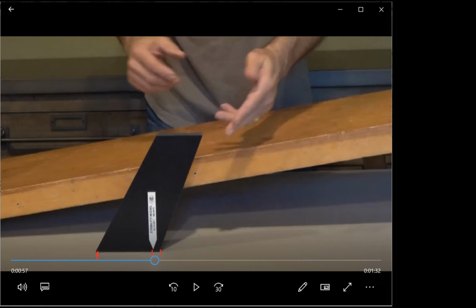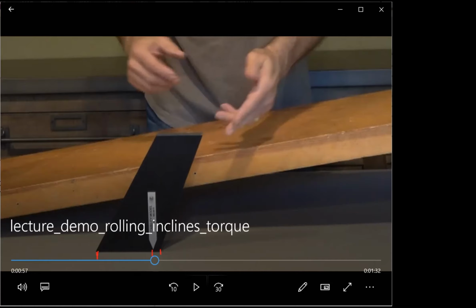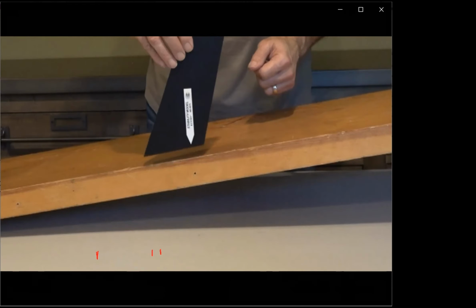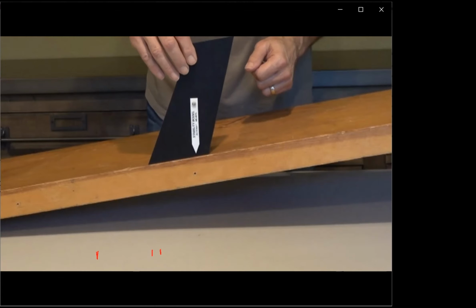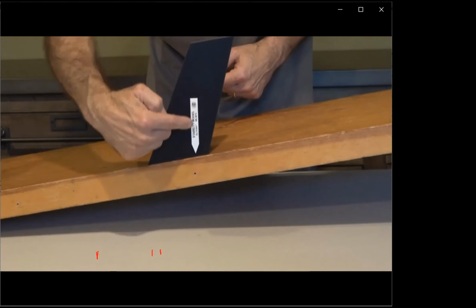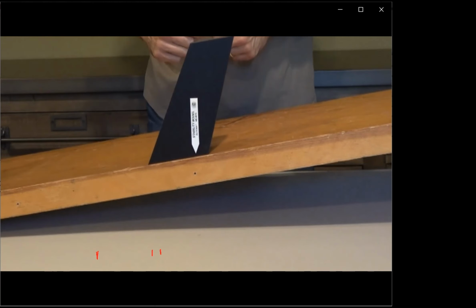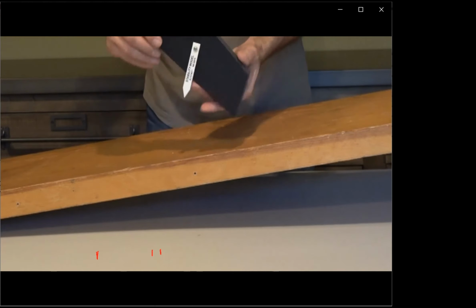So the arrow is coming down within the support base. It produces no torque. Same here. It doesn't topple over. There's no torque. And there's the support base. And this object is standing up straight.